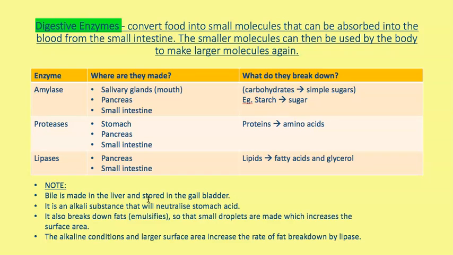So the bile helps to break down the fat so that the fat has a larger surface area, so the lipase can then actually break it down into fatty acids and glycerol. So the bile helps the lipase, okay? And this happens in the stomach. So make sure you know these enzymes to do with digestion and you know what bile does.